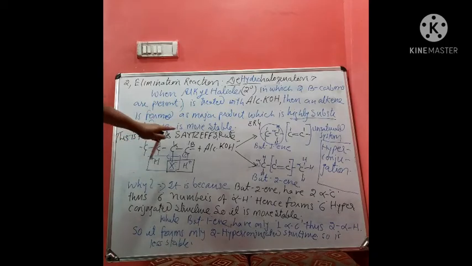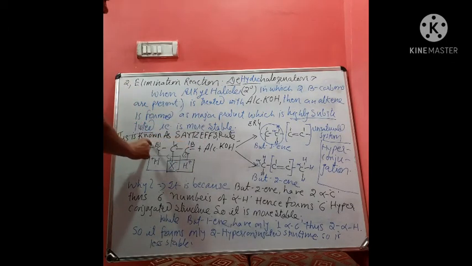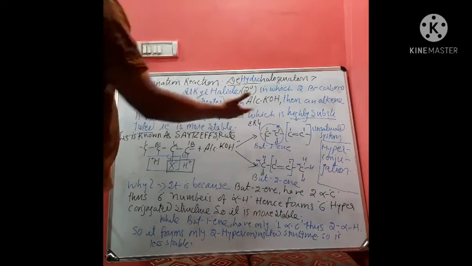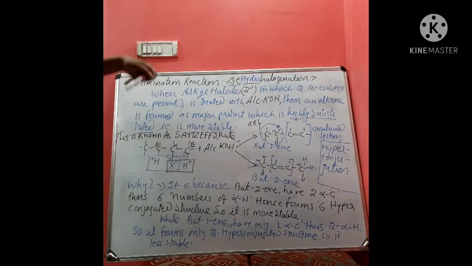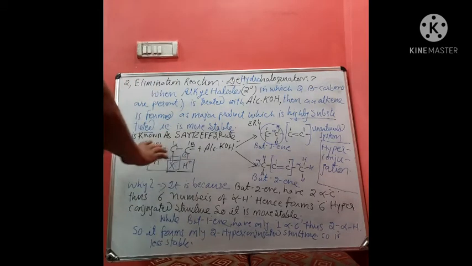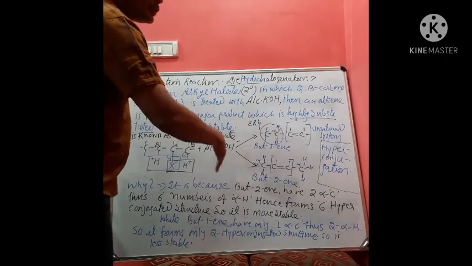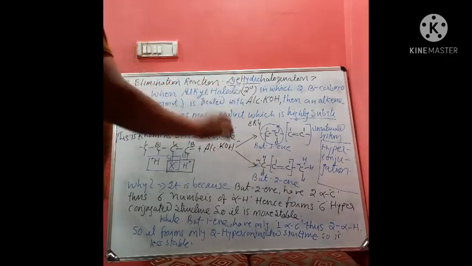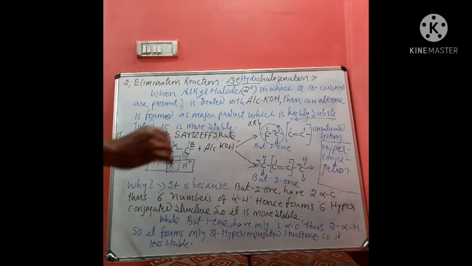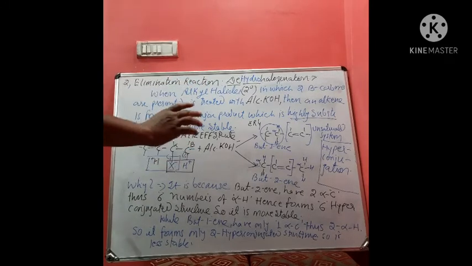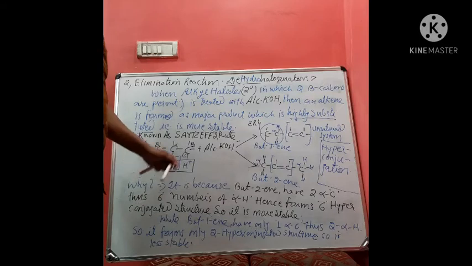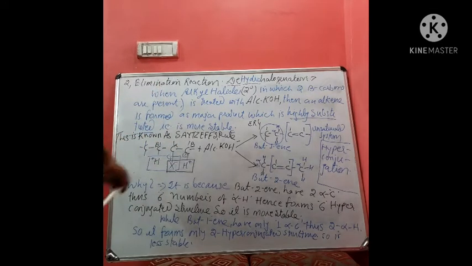This question is often asked in the exam: what is Saytzeff's rule? Saytzeff's rule applies when two types of beta hydrogens are present and two types of product formation are possible. So the major product of the reaction will be that alkene which is more substituted or which can give more hyperconjugated structures. Thus it will be more stable.